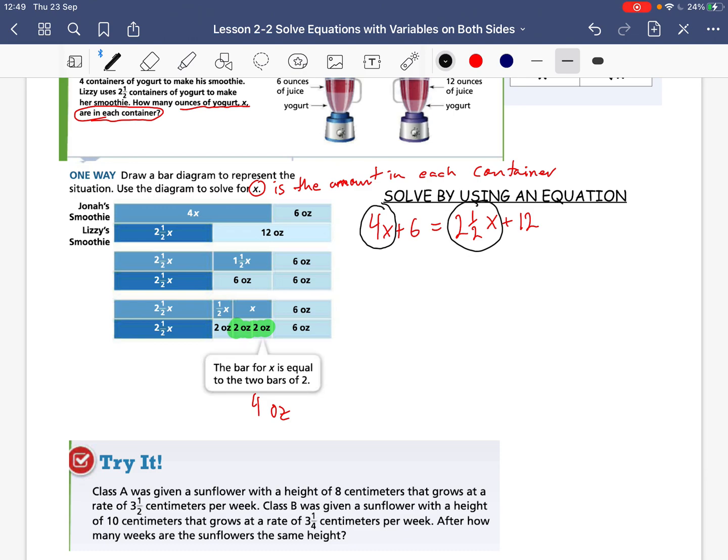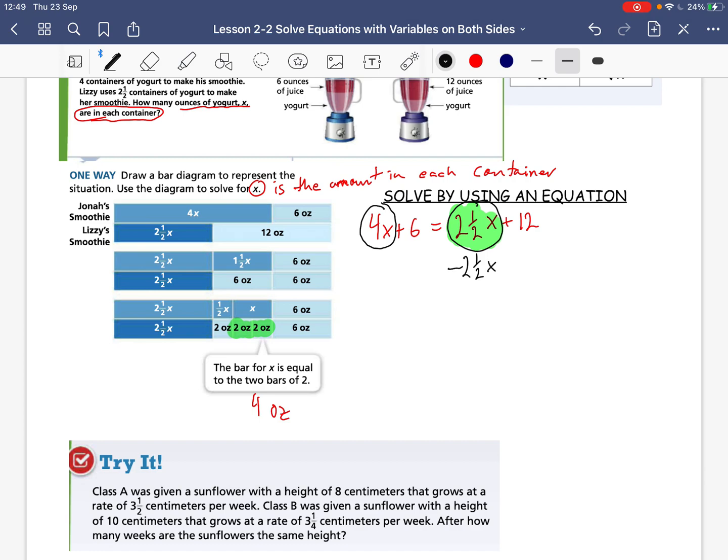So we need to move the terms to one side. Now, we will always move the lighter load. What I mean by that is 2.5x is smaller than 4x. So we want to move the lighter load. So moving the lighter load, the opposite of 2.5x, this whole term that I highlighted, is minus 2.5x.